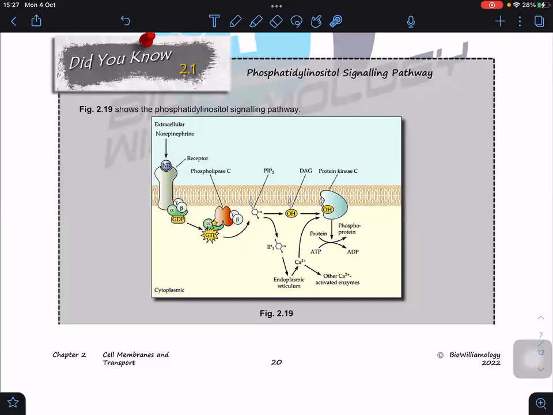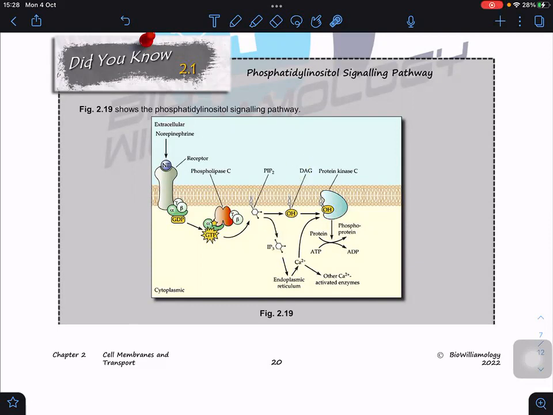So this one actually involves even more responses. Compare the cAMP, which leads to one response. But this one can lead to many, many responses, because we now have two secondary messengers. What are the two secondary messengers? DAG and IP3. Each of them has one function. IP3 is water soluble.